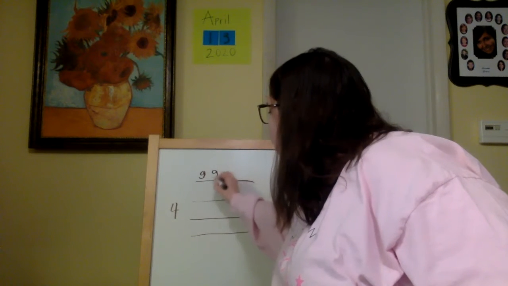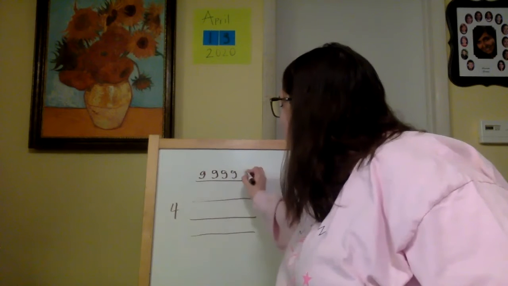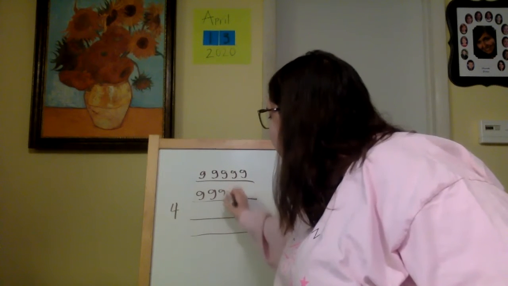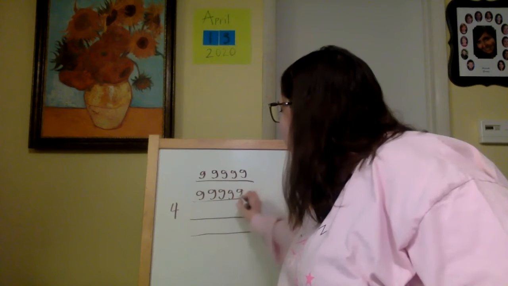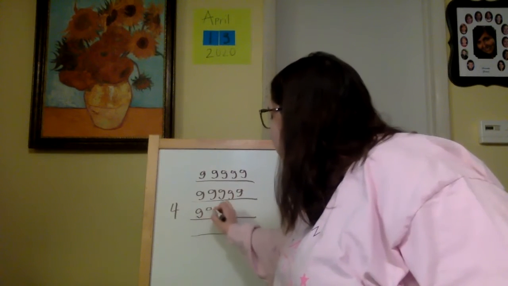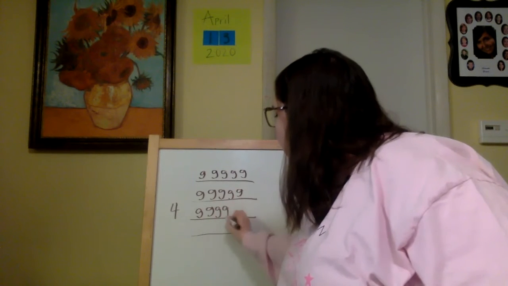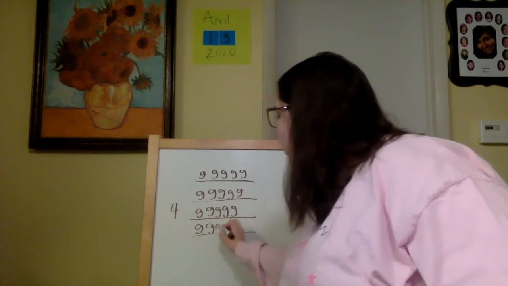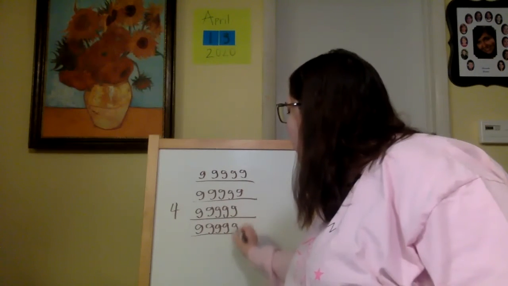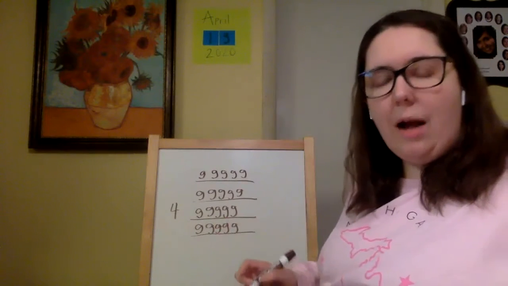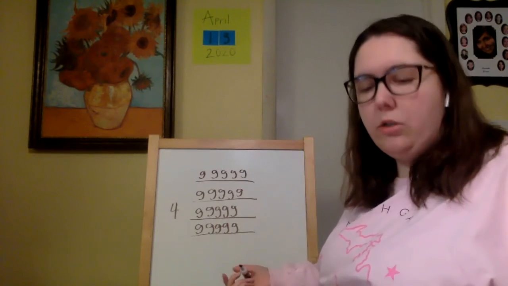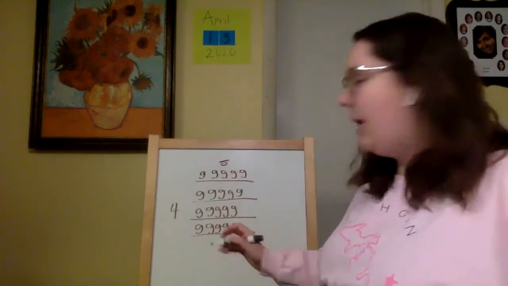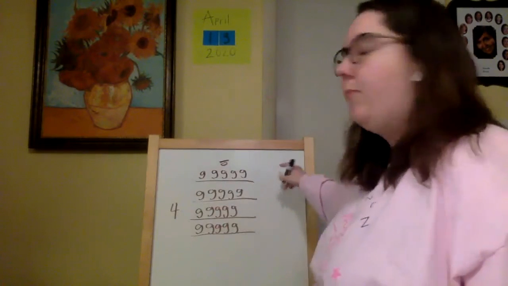So 1, 2, 3, 4, 5, for each of the 4 rows. So how many girls are in each row? 5. So this one is saying, I'm gonna have to draw it up here.